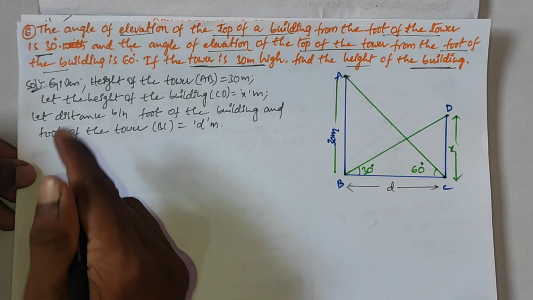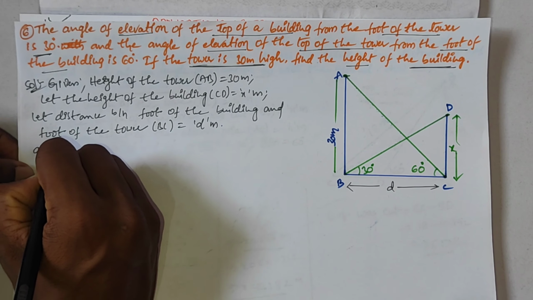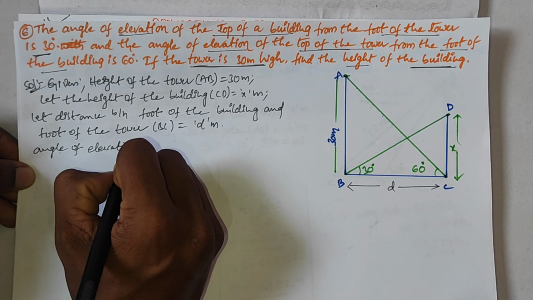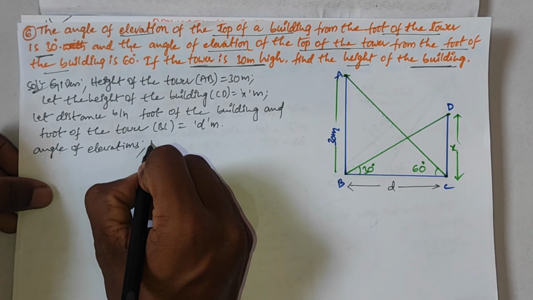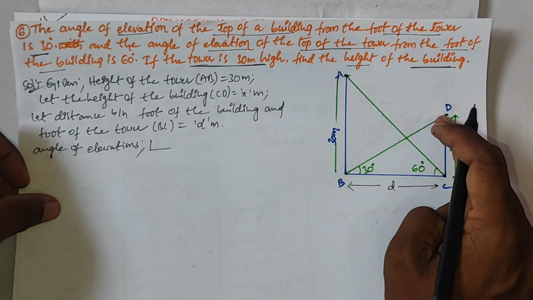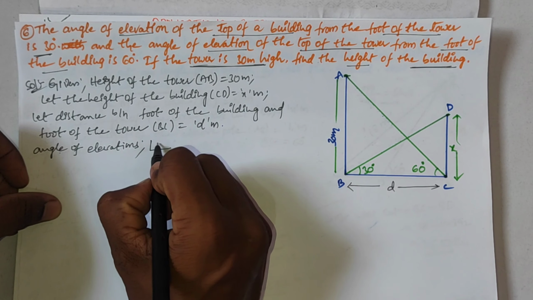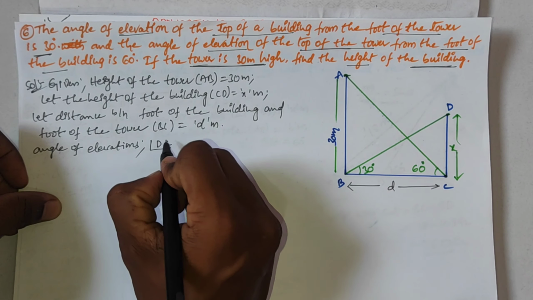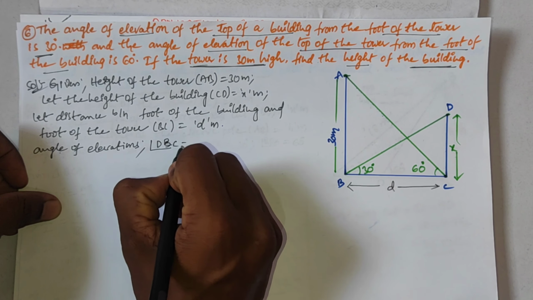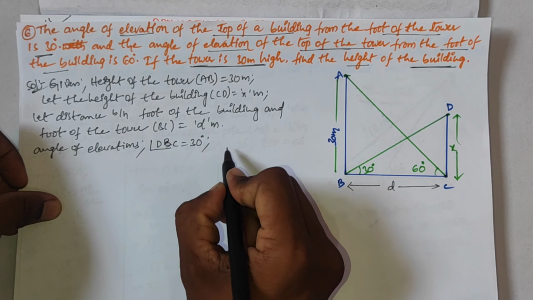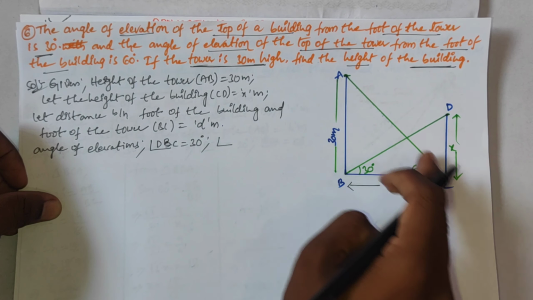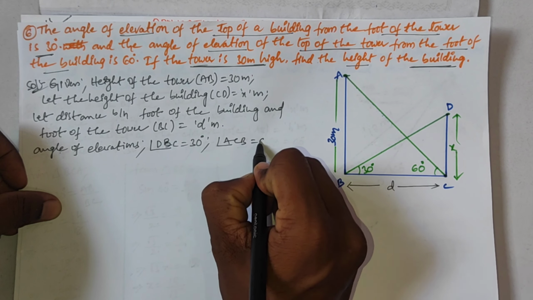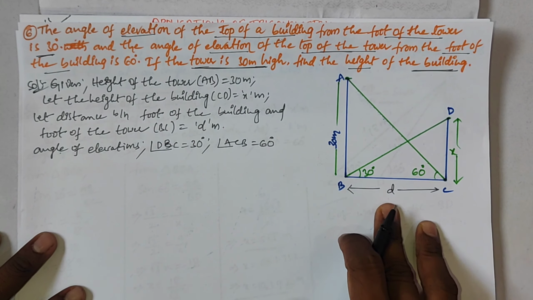And the given angles of elevation are angle DBC, which is 30 degrees, and angle ACB, which is 60 degrees, right?